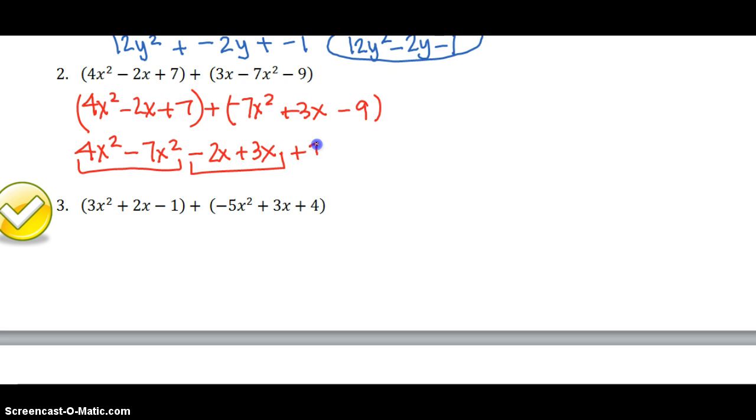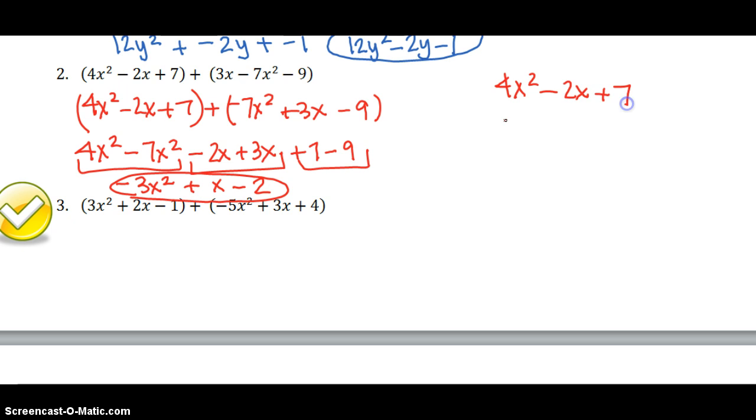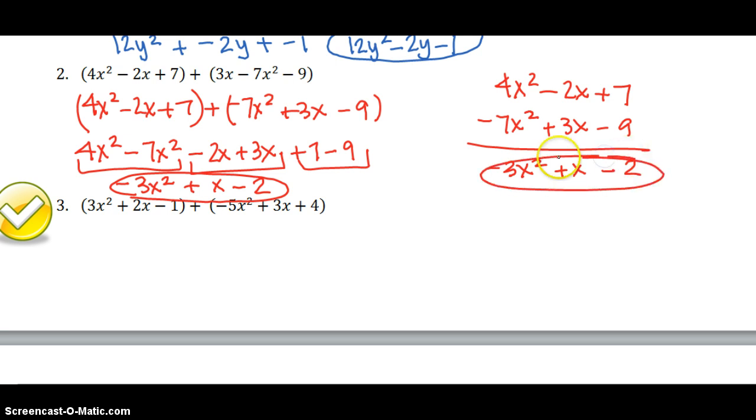And 7 minus 9. So that's going to give us negative 3x squared plus 1x minus 2 as our final answer. And if you wanted to see how that looks vertically, same answer. All right, let's see how you do with number 3.